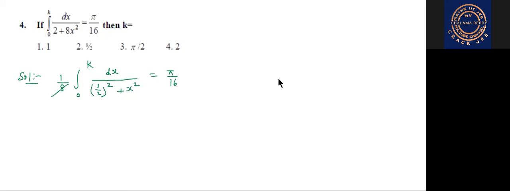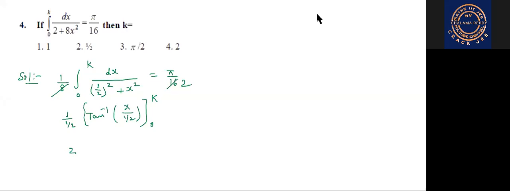Now do the calculation. 8 2s are 16. Integration 1 by x square plus a square dx is 1 by a tan inverse x by a. So 1 by 1 by 2 into tan inverse x by a, that is x by 1 by 2, limit 0 to 2k.